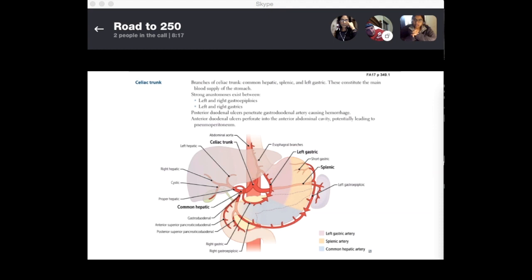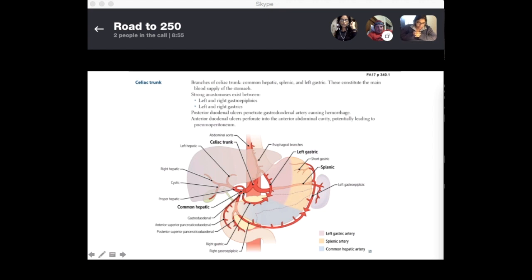And yeah, so I'm also going to quickly run through this diagram here. We talked about the three original branches of the celiac trunk being the left gastric, the splenic, and the common hepatic. And then the common hepatic splits into the proper hepatic and the gastroduodenal.